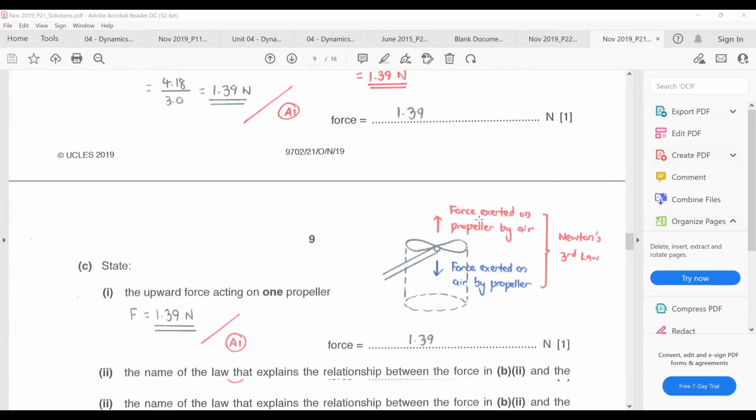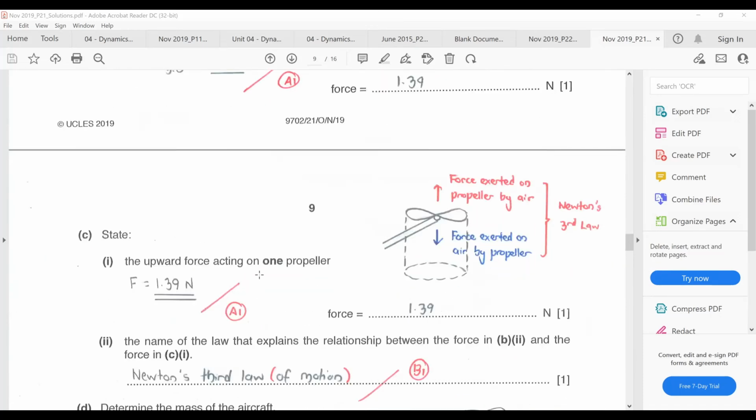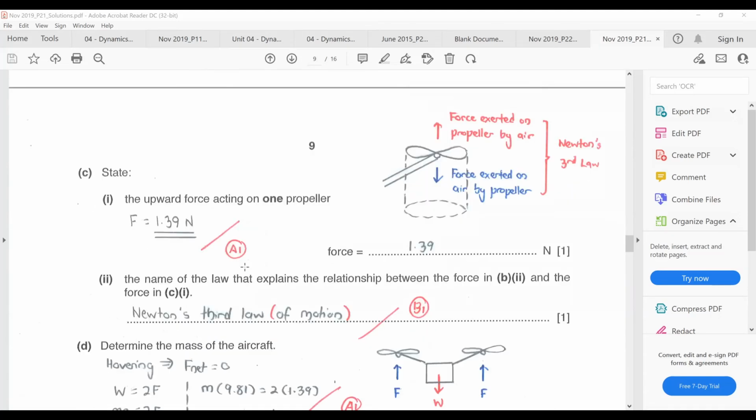All right, then after that, they ask you, what is the outward force acting on one propeller? Just now I mentioned to you, when your propeller is turning, it's actually forcing a volume of air down. It's exerting a force onto that volume of air. In return, according to Newton's third law, there will be an equal and opposite force exerted on the propeller by the air.